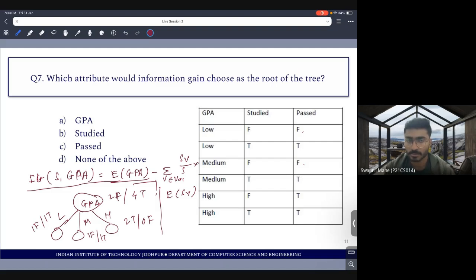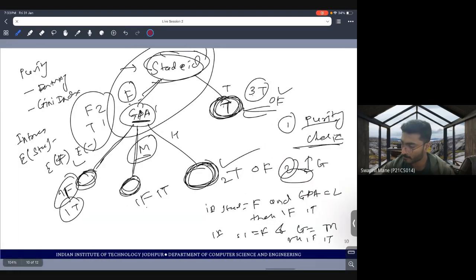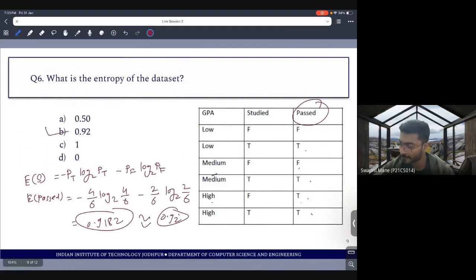Consider the previous question. In the previous question, we were trying to find the entropy of the database, that is, calculating the entropy of a target attribute. Here the target attribute is the pass attribute.